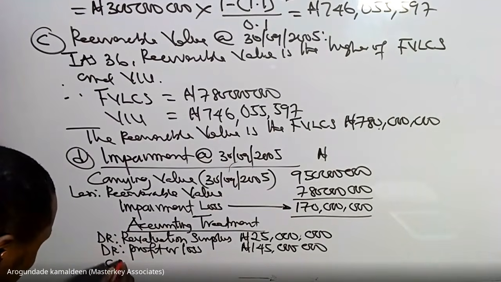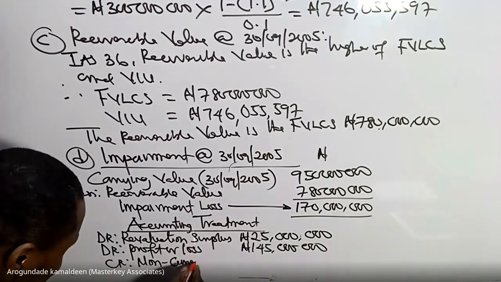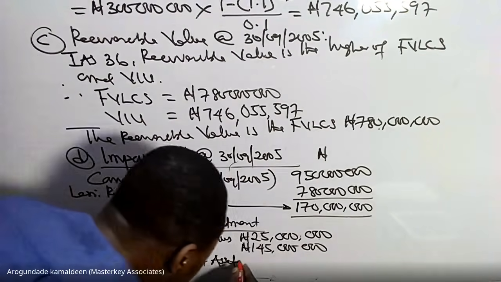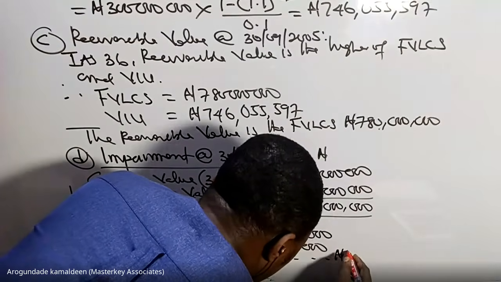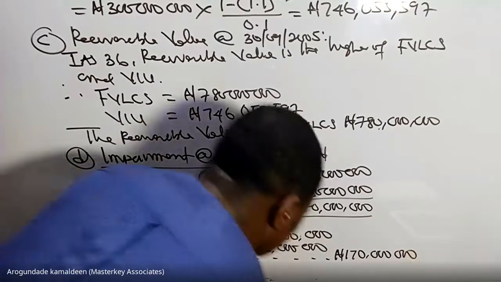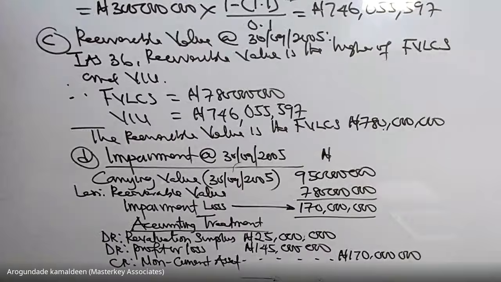So you now would credit the non-current asset for the total impairment. So now, the accounting treatment for this is not the same with that of the first one we solved. Exactly. So let's take one more.